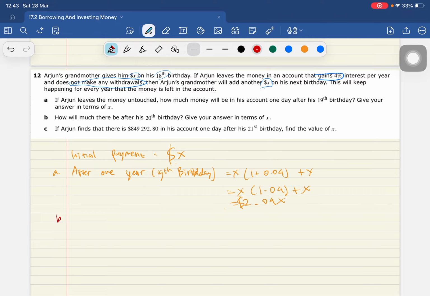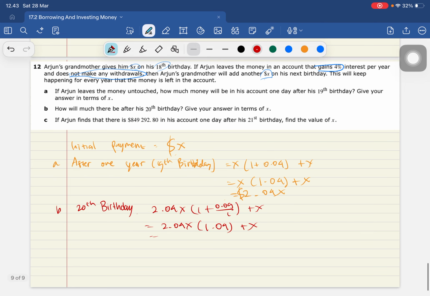For the 20th birthday, we can just add from here. So we have 2.04X, and we multiply by 1 plus 0.04 divided by 1, then we add X. Continuing, 2.04X times 1.04 plus X. So after the 20th birthday, Arjun will have 3.1216X dollars.